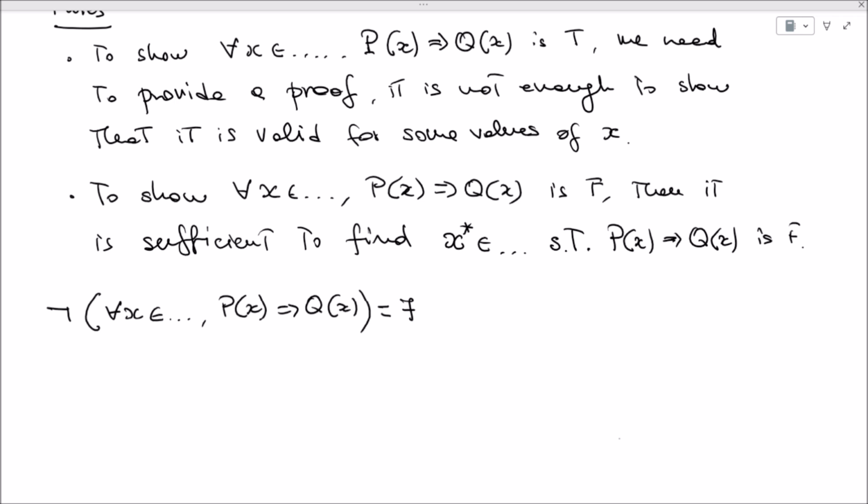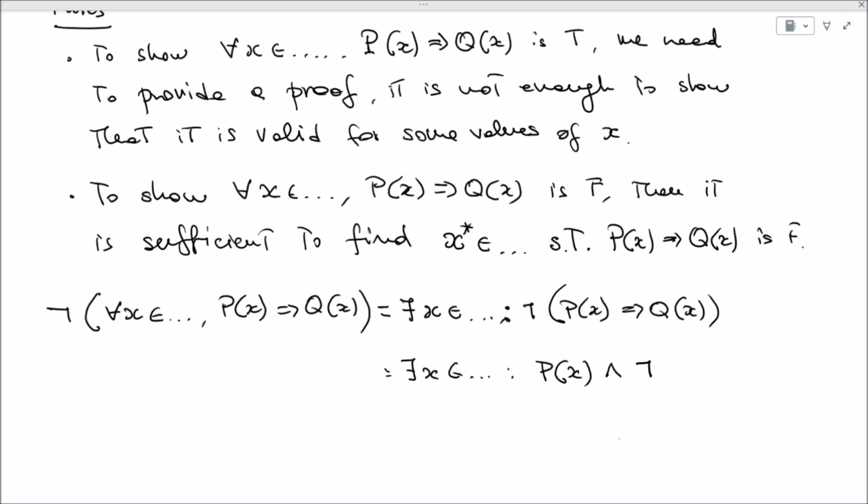So that is just like saying there exists an x that belongs to some set such that not P of x implies Q of x, which is just like saying there exists an x that belongs to some set such that P of x and not Q of x.